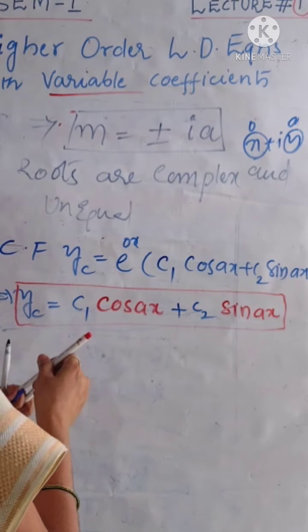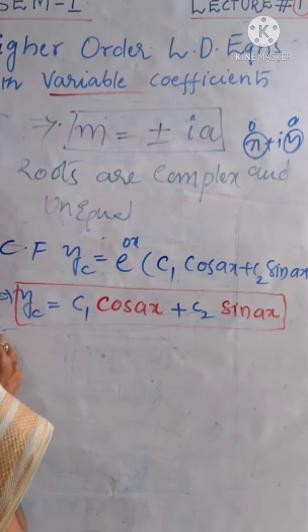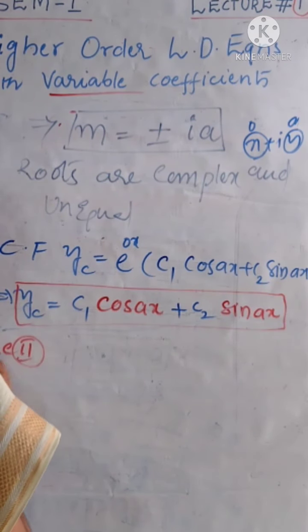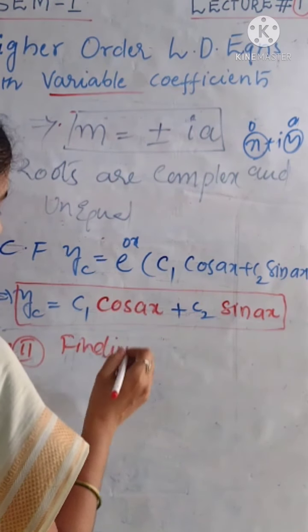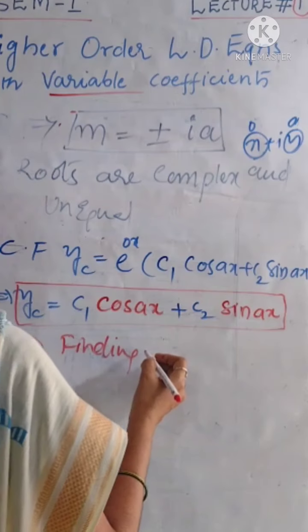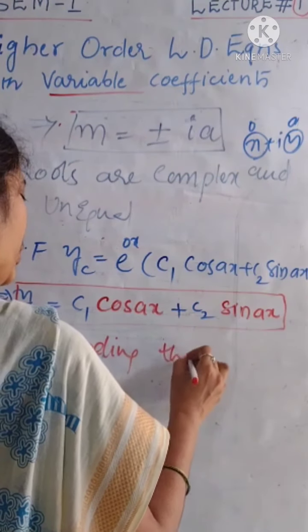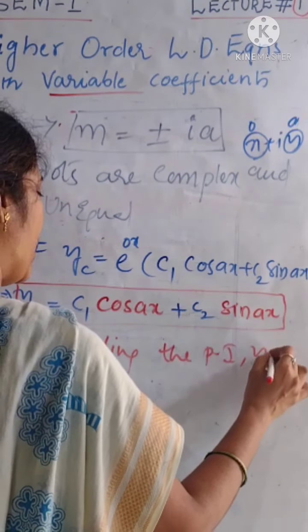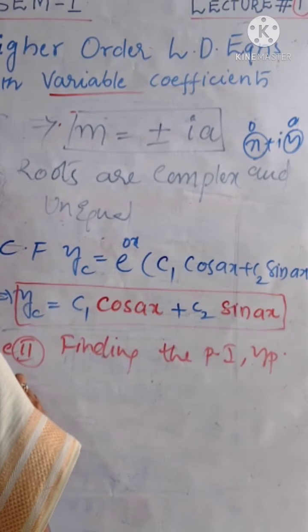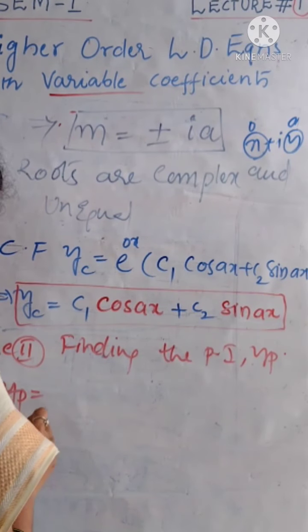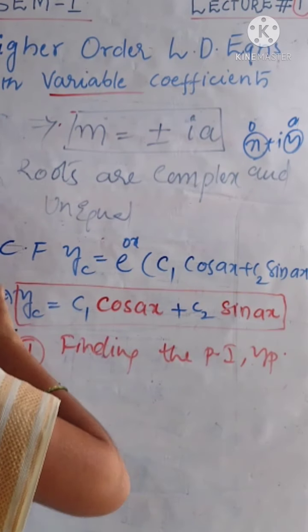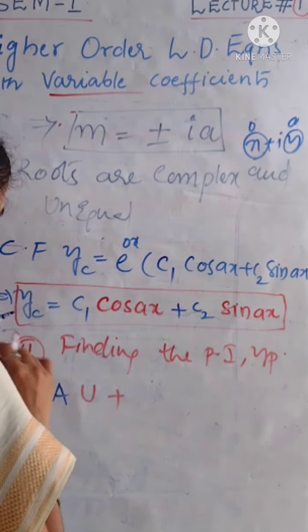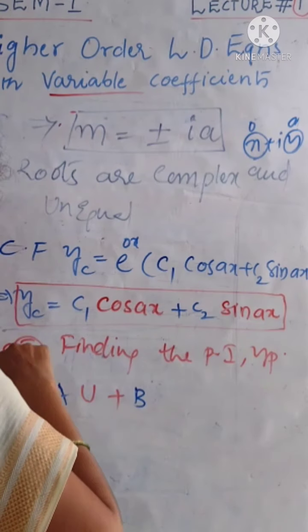Coming to the second case, what is the second case? In case 2, let us find the particular integral yp. That is, yp is equal to, what is the format? It is nothing but a into u plus b into v.